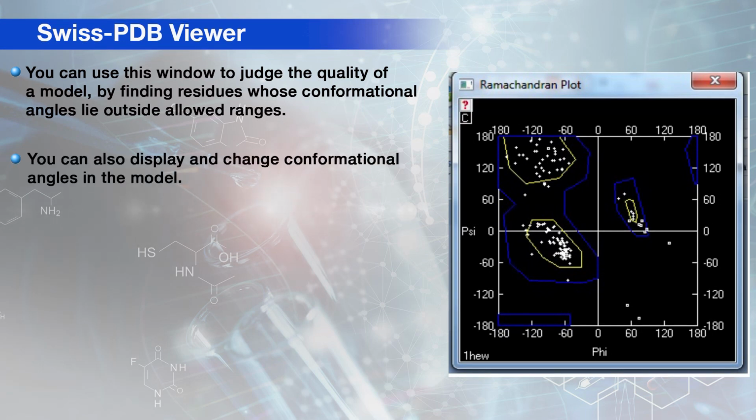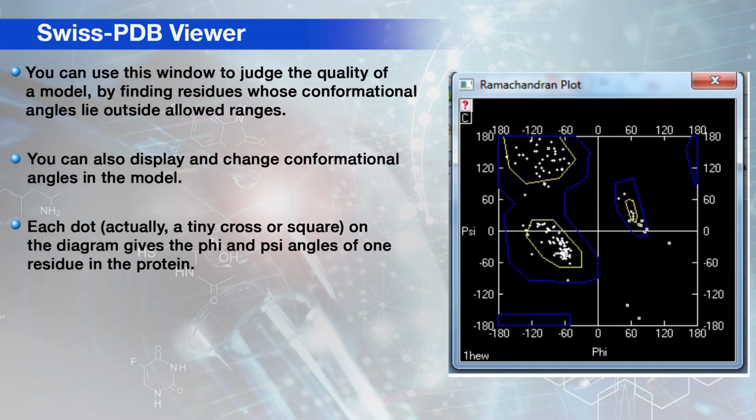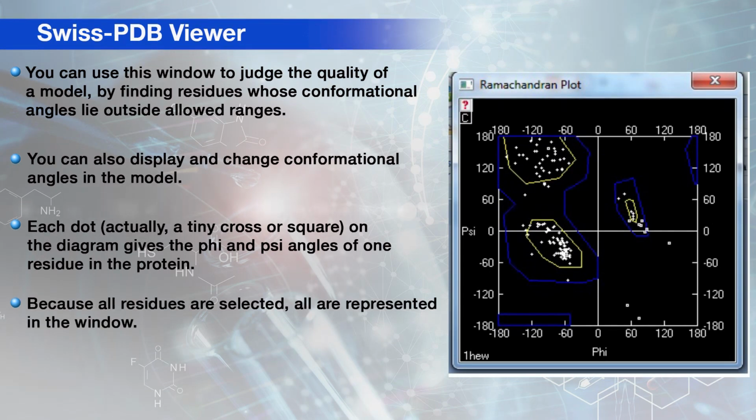You can also display and change conformational angles in the module. Each dot, actually a tiny cross or square on the diagram, gives the phi and psi angles of one residue in the protein. Because all residues are selected, all are represented in the window. This is the Ramachandran plot on the screen.